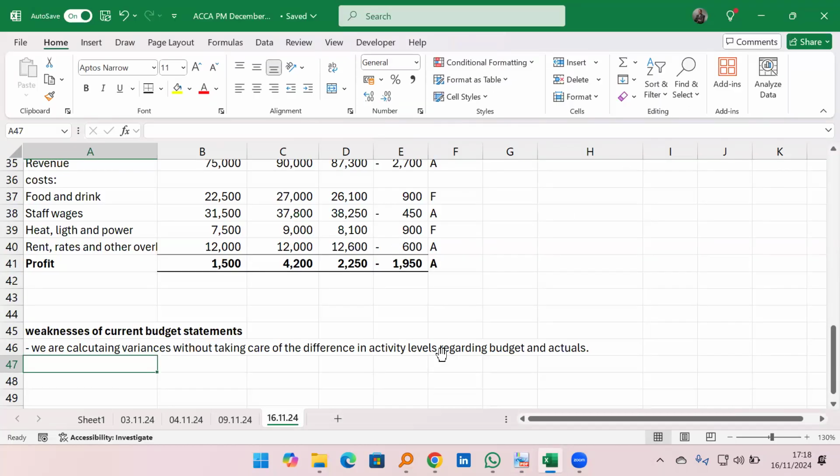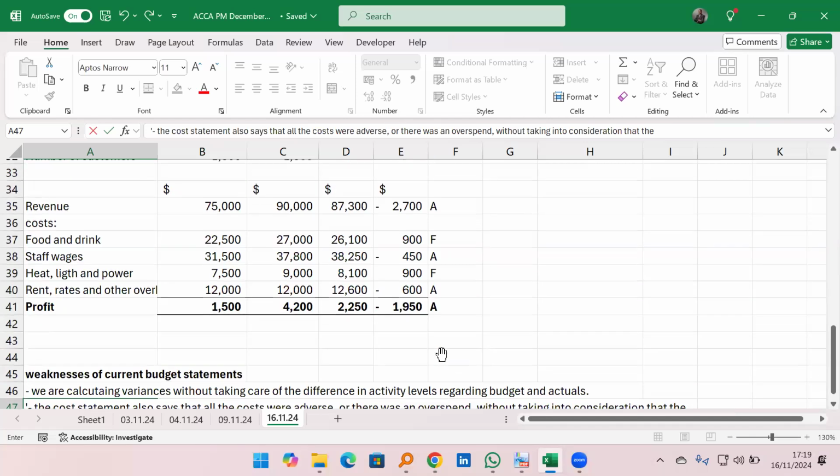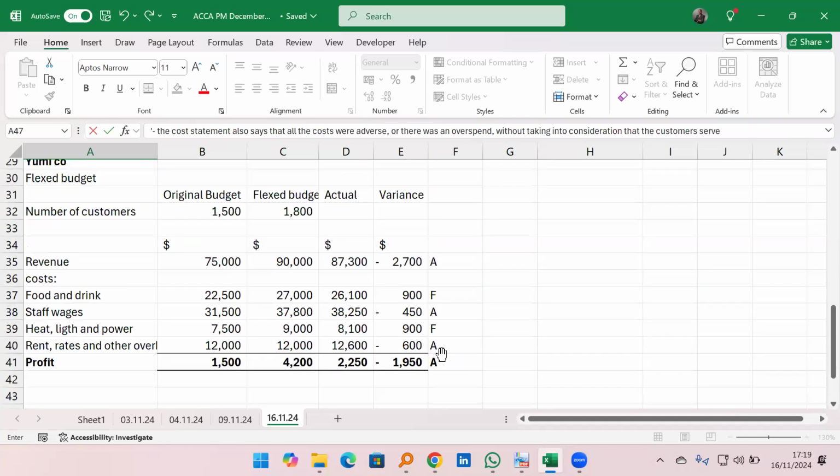The cost statement also says that all the costs were adverse, or there was an overspend, without taking into consideration that the customers served increased from 1,500 budgeted to 1,800.